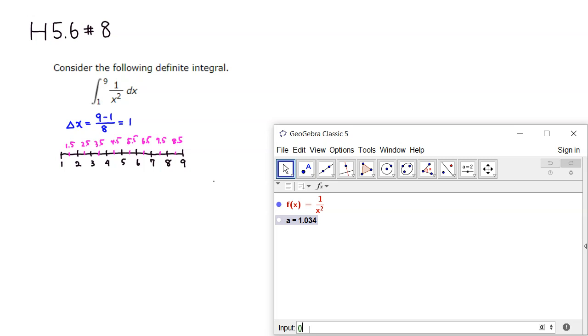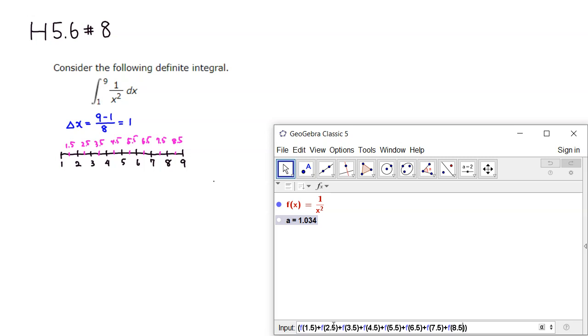The first midpoint is 1.5, so f of 1.5 plus f of 2.5 plus f of 3.5 plus f of 4.5 plus f of 5.5 plus f of 6.5 plus f of 7.5 and then one more, plus f of 8.5.